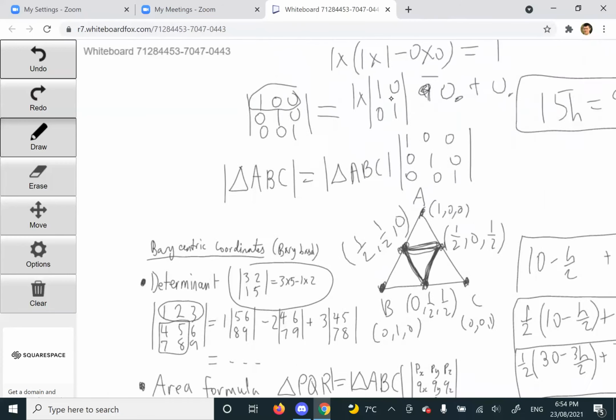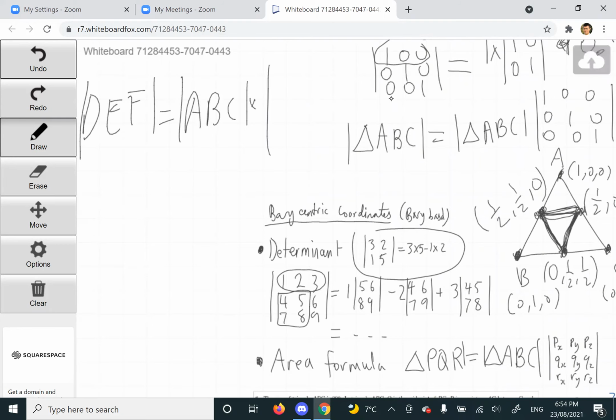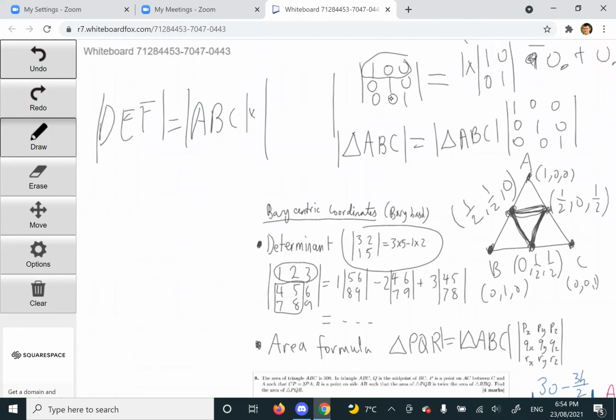So what does the area formula give us? Let's call it DEF. So area DEF equals area ABC times the determinant of, maybe DEF would do.